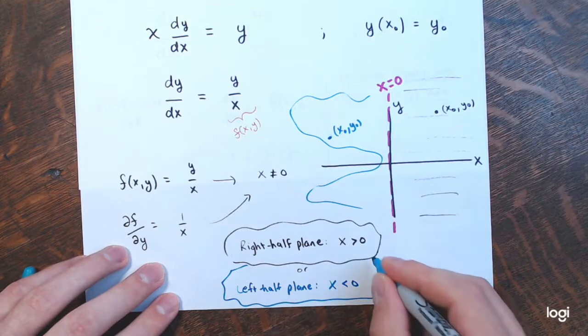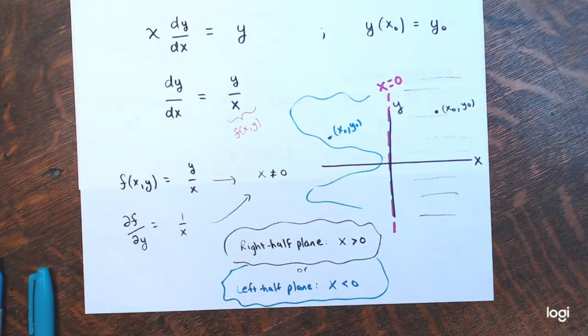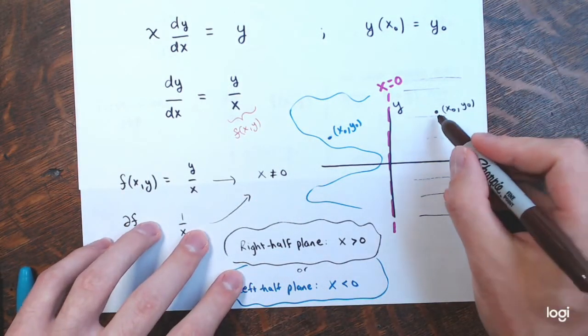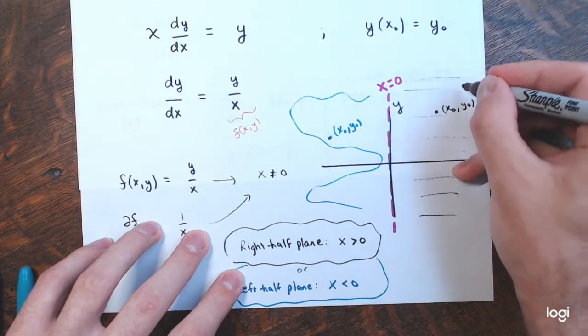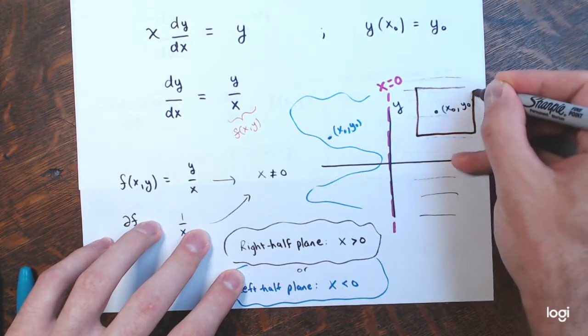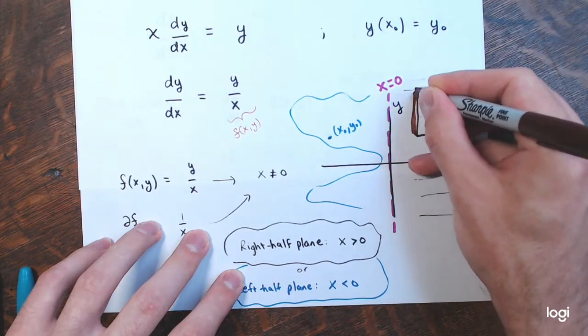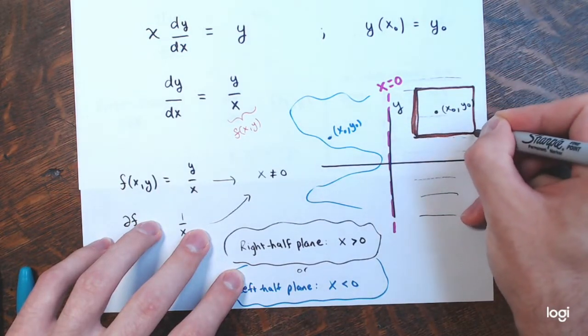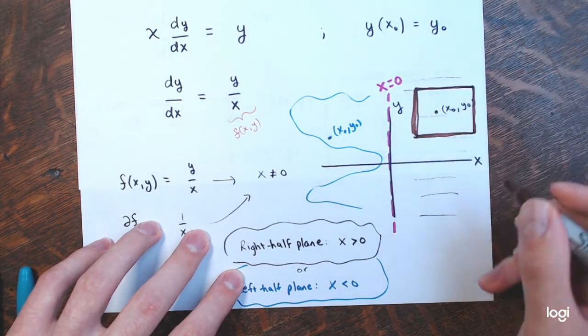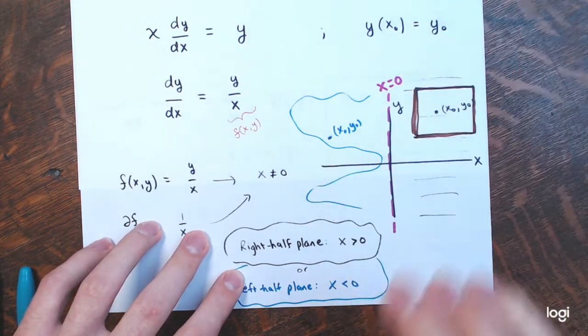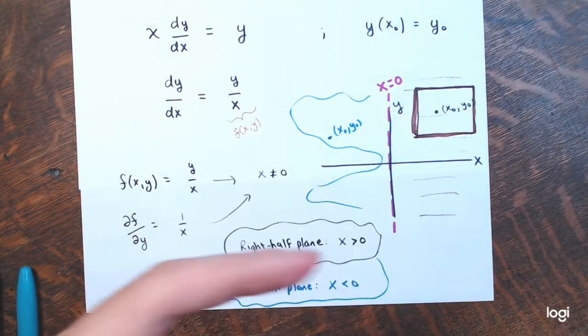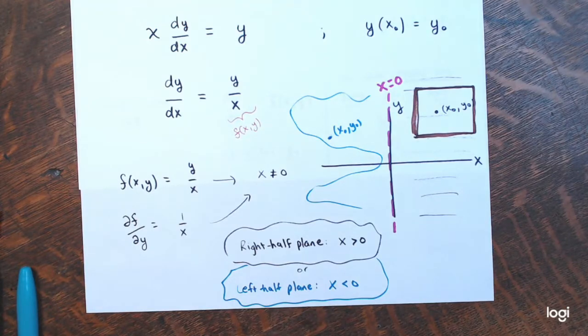You could pick smaller regions if you wanted, but we're trying to make them as large as possible. Say if the point was over here, this rectangular region would be valid, and a unique solution would exist to the initial value problem that passes through this point in this region. But again, we want it as large as possible, not including x equals 0.